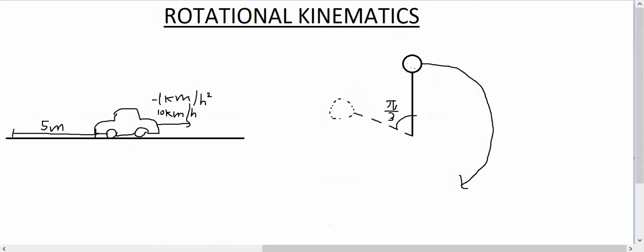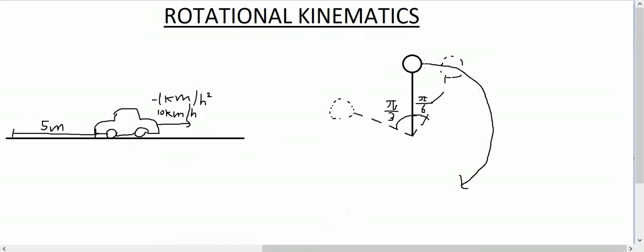Let's say 1 second later, this ball will be here, and the angle here is pi over 6. The angular velocity is pi over 6 radians per second. And for angular acceleration, you should be able to tell by now.